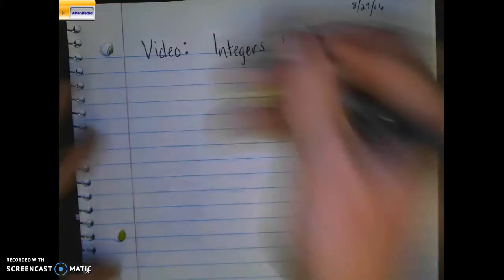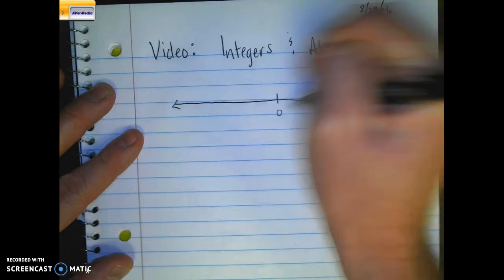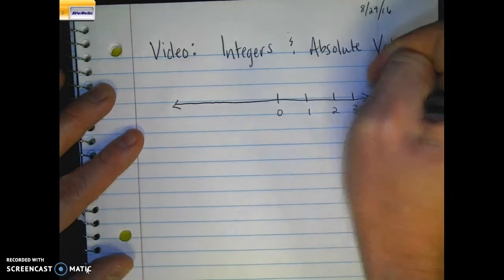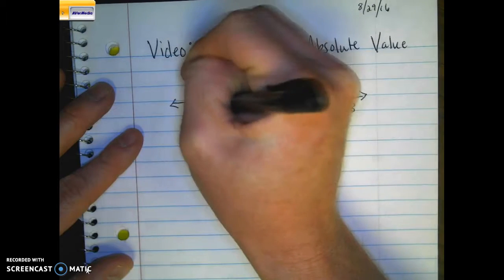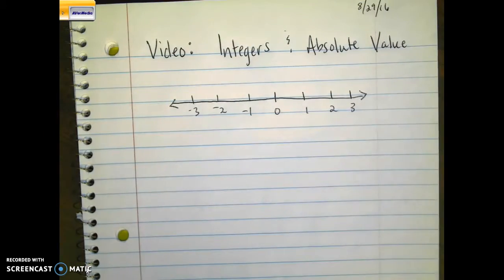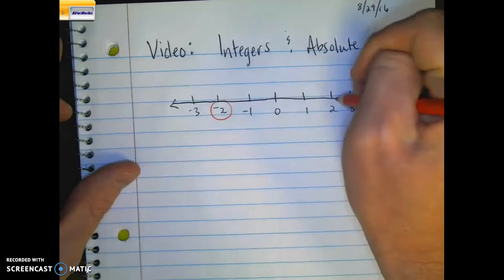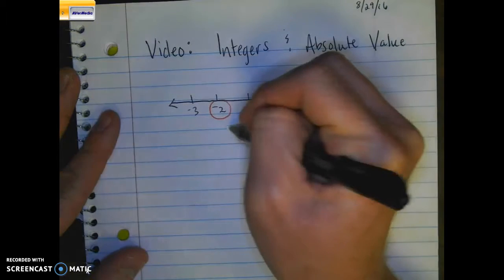So integers we talked about in class. I'm going to draw the number line we already did. Remember, you have the 0, and on this side you have 1, 2, 3. Over here you have -1, -2, and -3. Now in the notes on the previous page, we focused on the -2 with the +2.